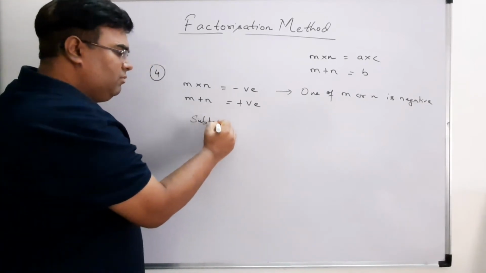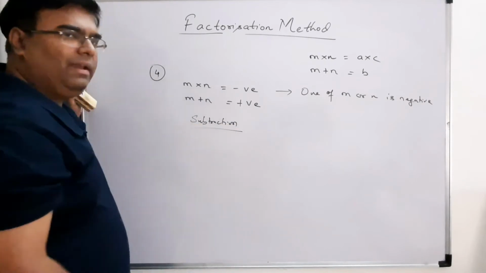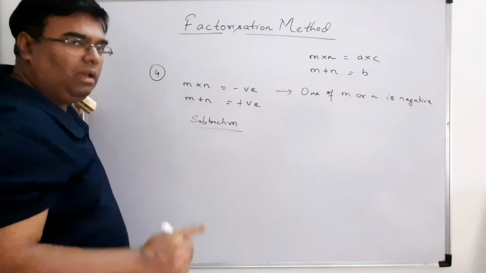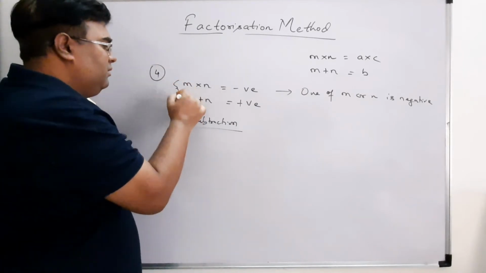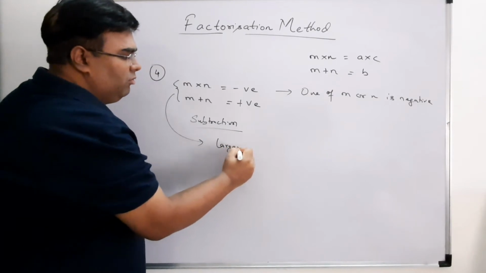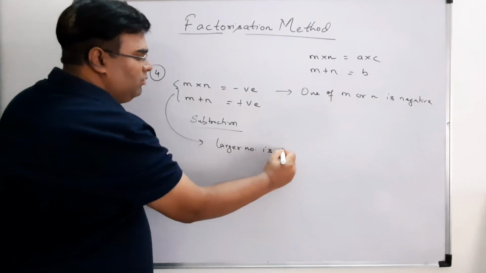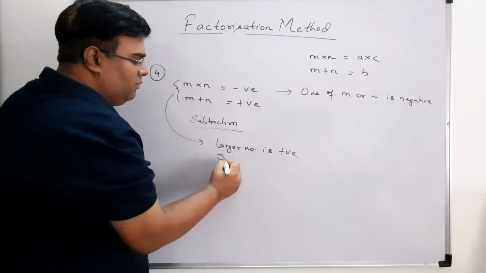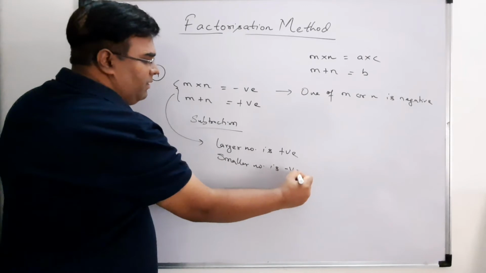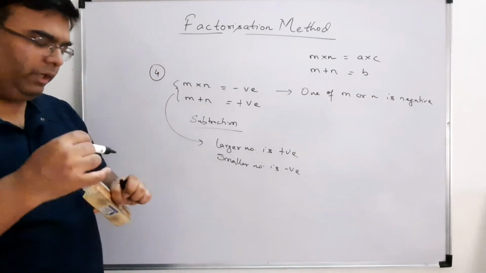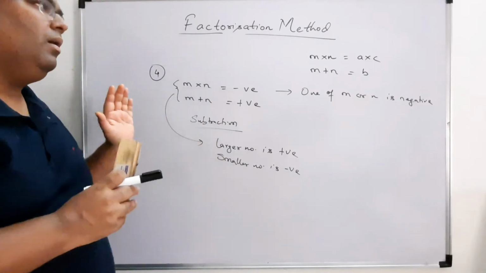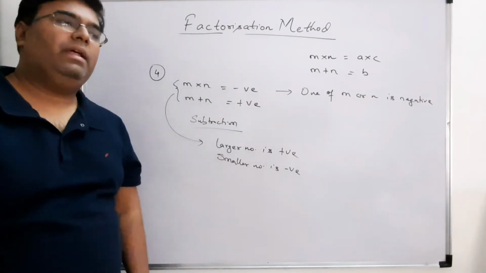Subtraction, because one number is negative and one is positive, and if you are getting a positive result, it means the larger number is positive, right? So from here you can conclude that the larger number is positive, the smaller number is negative, right? You just need to remember these four cases in your mind while calculating M and N.